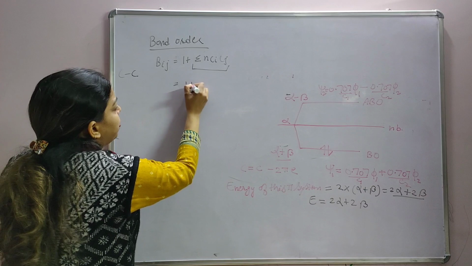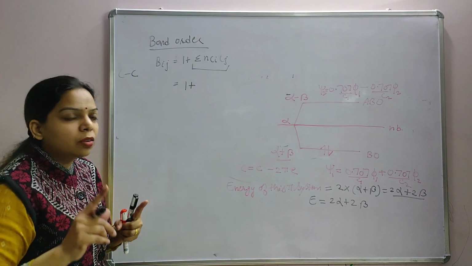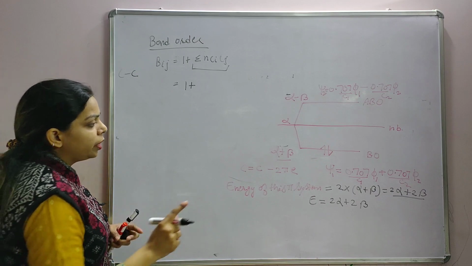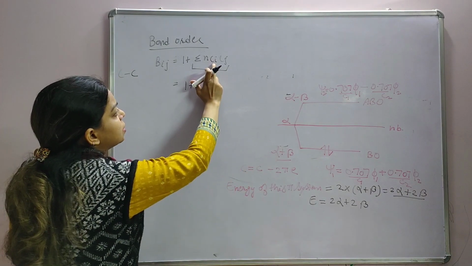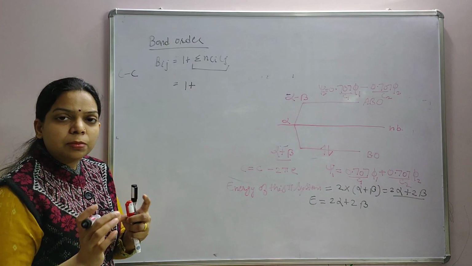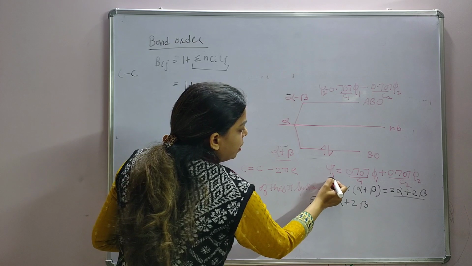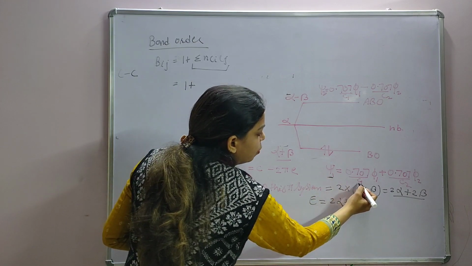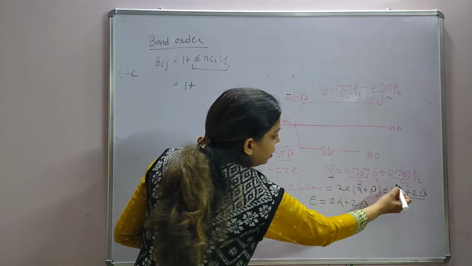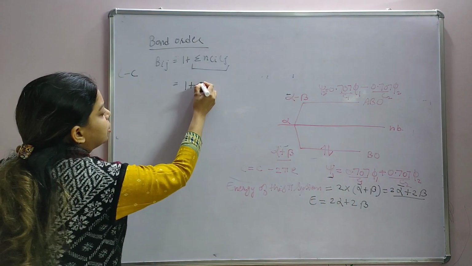So here we have 1 plus n, which is again the number of electrons in that particular level where these coefficients Ci and Cj are considered. For the first wave function, the coefficients C1 and C2 are the same, and 2 electrons are present here.